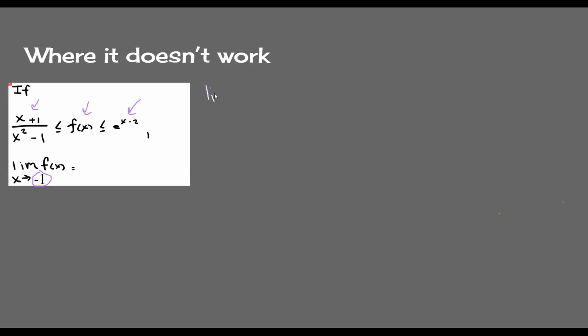Limit of x plus 1 divided by x squared minus 1 as x approaches -1. All right, well, let's try that. -1 plus 1, 0. -1 squared is +1, minus 1 is 0.